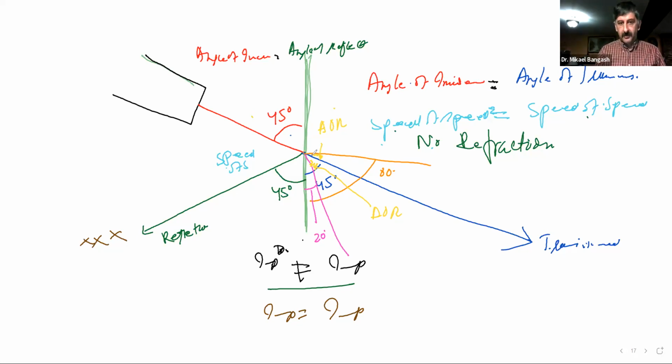But just as we use here as a demonstrator, say 45 to 20 degrees. Because now your angle of transmission is not the same as your angle of incidence. In that case, you can say that your beam has refracted as it enters into the different medium.